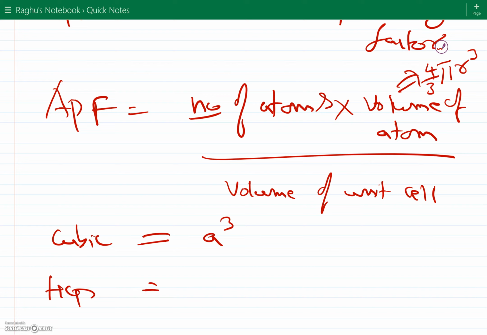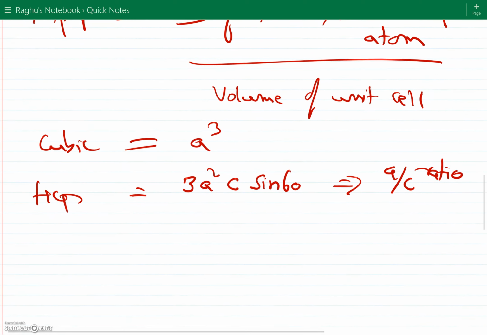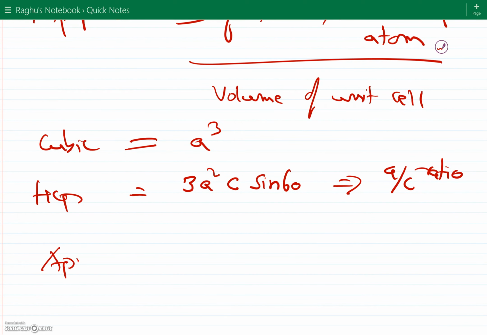If you take a look at that, you separate it into 6 triangles on the bottom, and you basically get 3a squared c sine 60. Then you should know what the c by a ratio is to get to that. When you do it this way, you can calculate the APF for all of these structures.